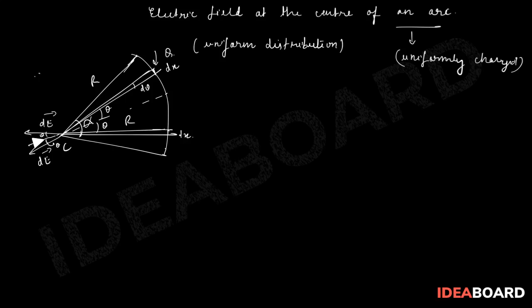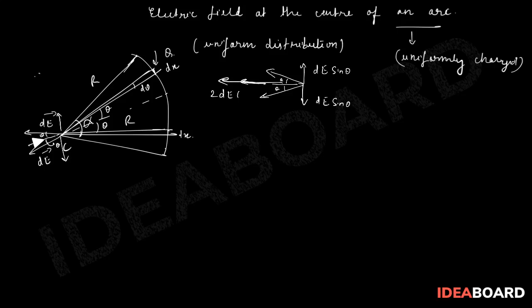So we can write here, let me draw this diagram separately. If this is dE and this is dE, this is theta, this is also theta, so I can write this is dE sine theta, one component, and similarly for the other one also dE sine theta, and dE cos theta and dE cos theta.